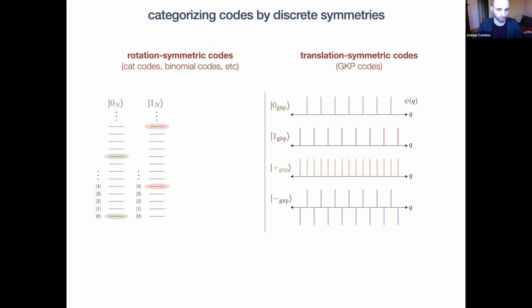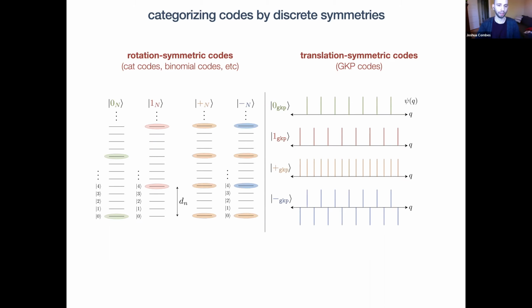And then there's a similar story for the plus and minus states. Now we have an equal superposition of 0 and 1. So you can just see if I add the green and the red, that I get this sort of orange. And now this has a spacing of 4. So this is actually going to be what we call a code that has an n equals 4 symmetry.